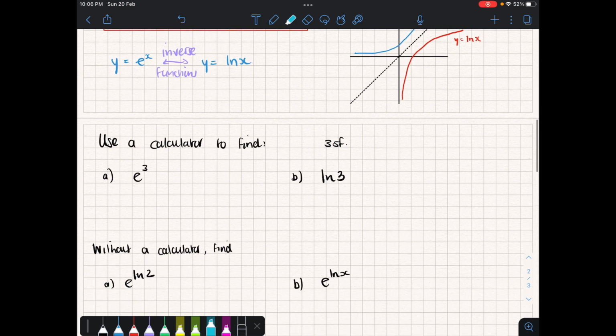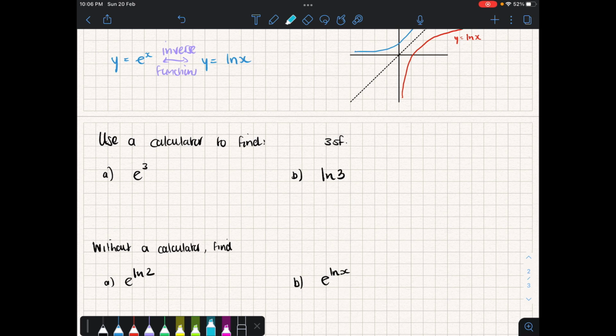So just looking at some simple examples, we just need to wrap our heads around the fact that we're not dealing with a variable, we're dealing with a number. So e is an actual number, and it's on your calculator just like pi. In fact, it's right next to pi on your calculator.